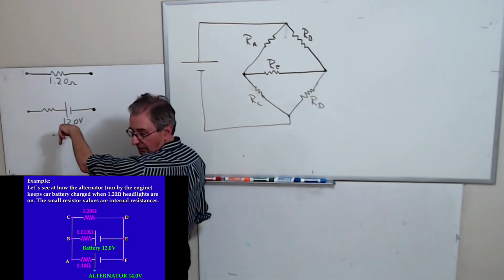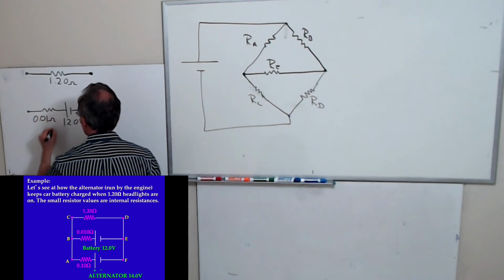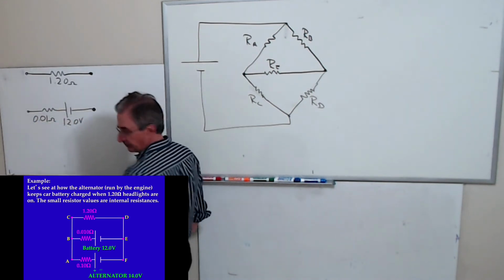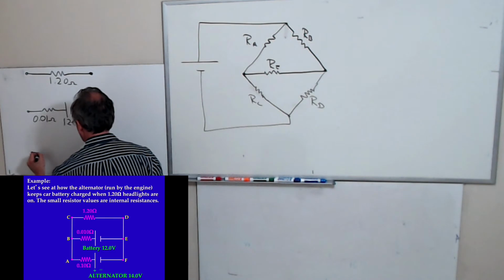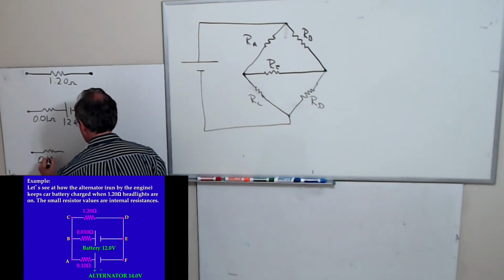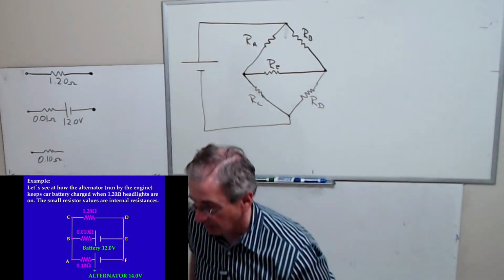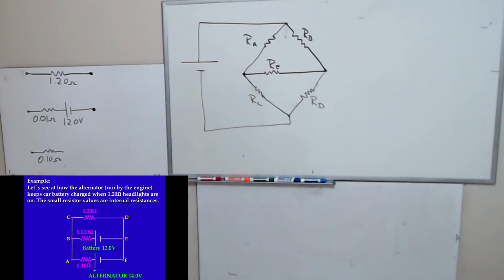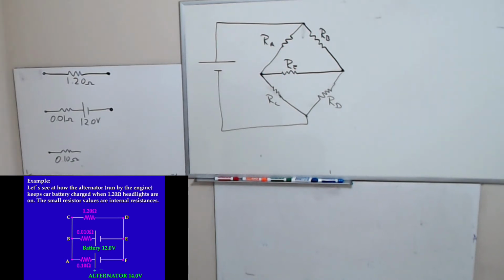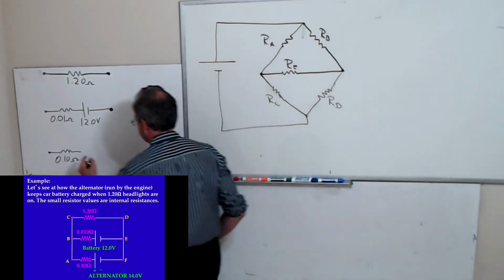And this one is 0.01 ohms. And then at the bottom, 0.1 ohms. And let me make sure you guys can see everything. And the alternator is 14 volts.